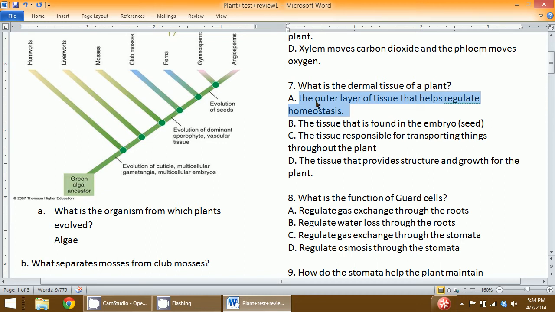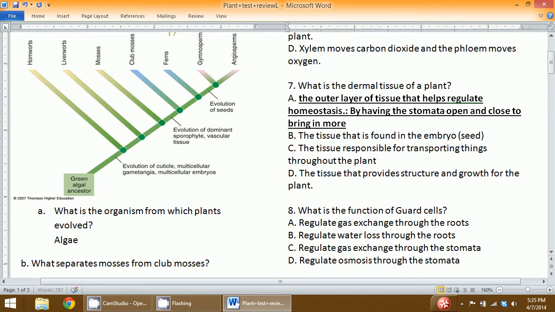All right, so the outer layer of tissue that helps regulate homeostasis. There we go. In plants, the primary reason it helps them regulate homeostasis is by having the stomata open and close to bring in more or less, or to let out, oxygen, carbon dioxide, and water vapor.